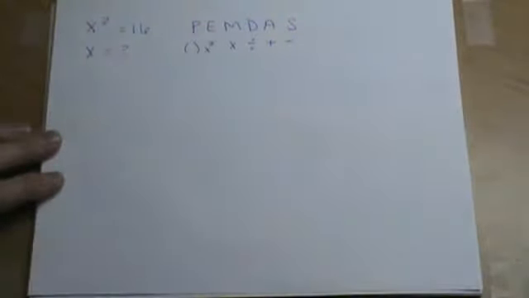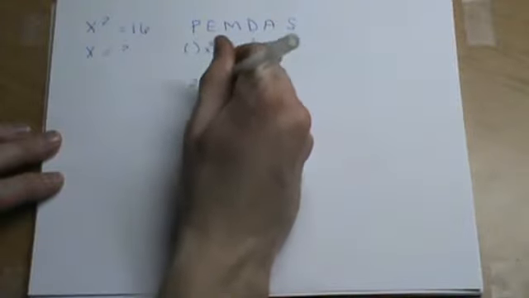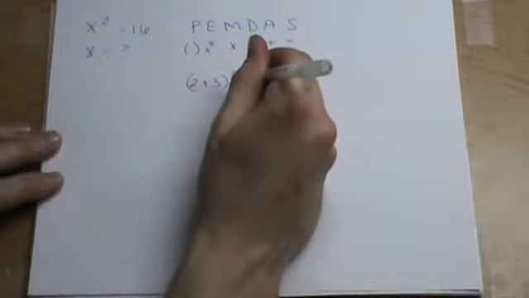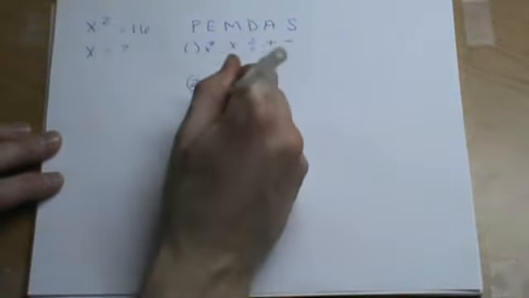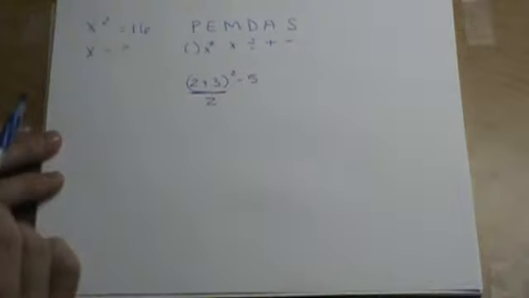So for example, let's say you have something like this. You have 2 plus 3, squared, minus 5, and this part right here, that's divided by 2. So we're looking at this equation. What PEMDAS tells us is to first do what's in the parentheses.